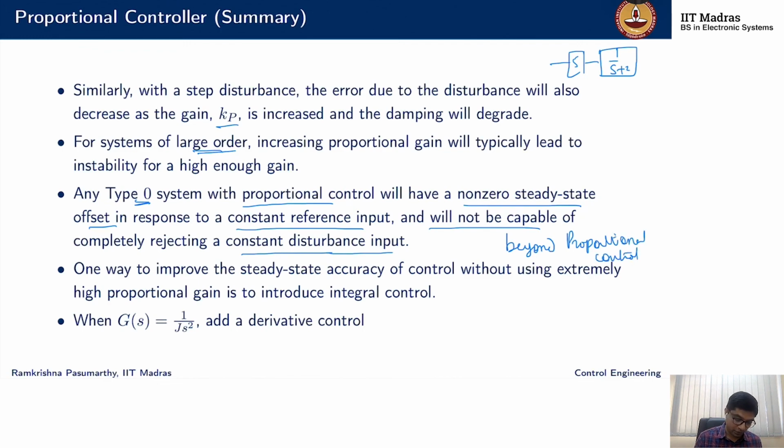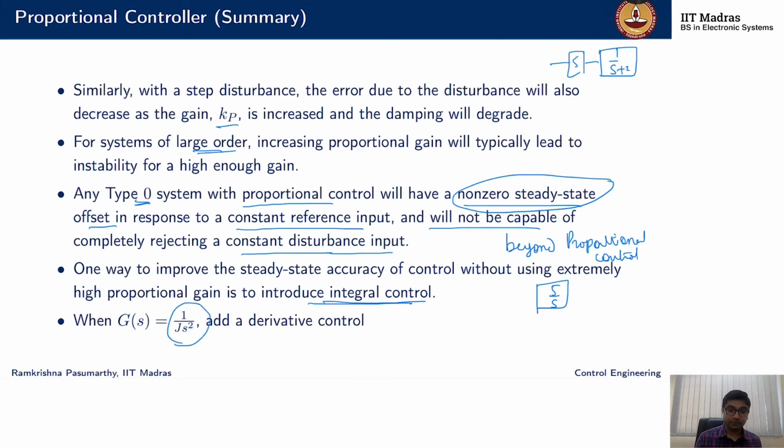Okay, so what we saw here was that there is some steady state offset, some steady state error. So what do we do about steady state error? Can I introduce an integral control? Recall those examples where we had 5 over s in the controller instead of just 5. What happened in that case? It had the capability to reject a step disturbance.